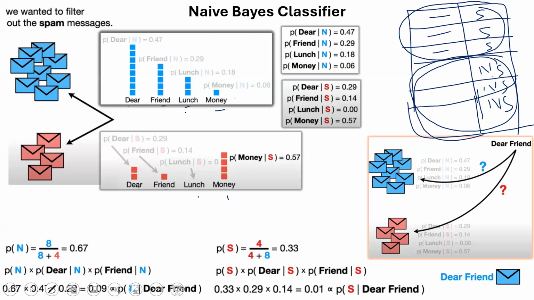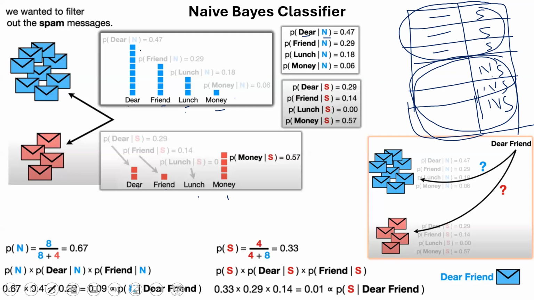Once you have these unique words, you're going to calculate the probabilities of those words. So take the probability of the word dear in a normal message. How do you calculate that probability? You calculate it by taking this count by the total count.